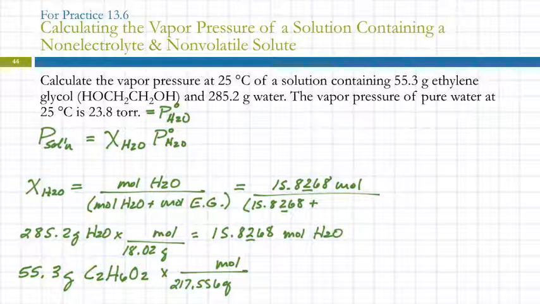One way you can stay awake is by actually doing the calculations with me. I think that's right. So 55.3 divided by that, 0.254.